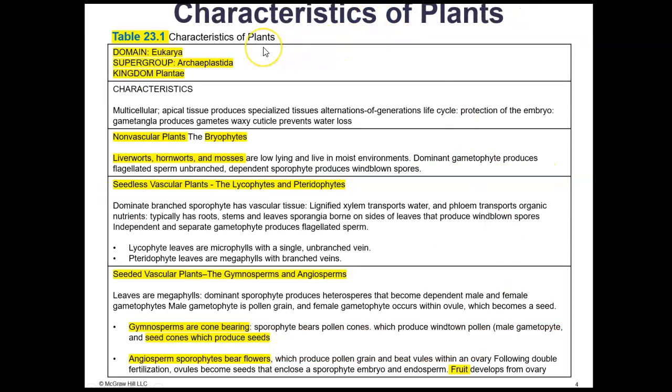So let's look at this chart, which shows some of the classification groups of plants and some of the characteristics of the different phyla. So we have domain Eukarya, supergroup Archaeoplastida. Remember that the algae, the green and red algae, also are members of this supergroup.